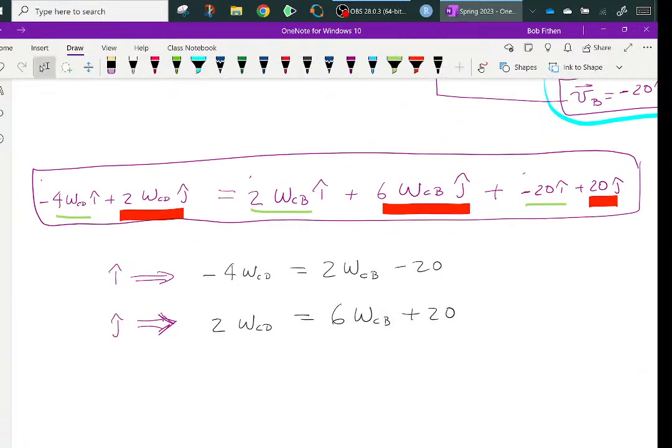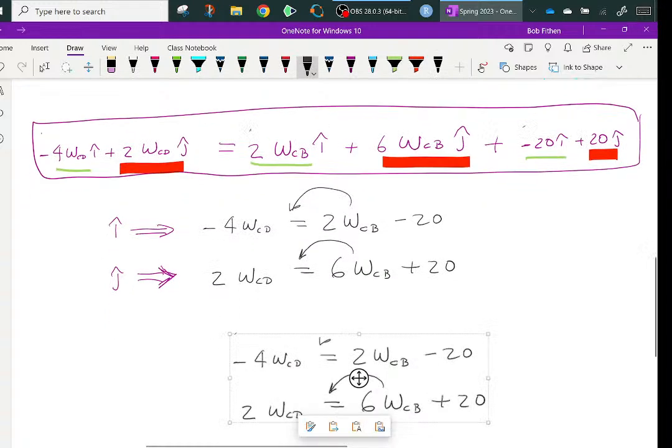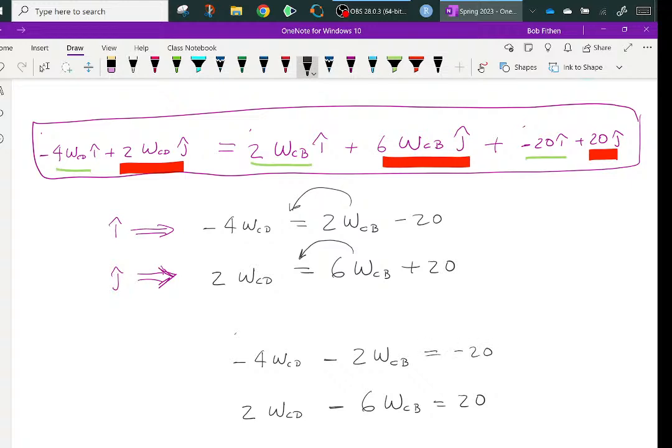If I want to write that in matrix form, I can move this to the other side and this to the other side. And what I can get is an equation that looks like this. Minus, and put it equals here, and it equals minus 20.